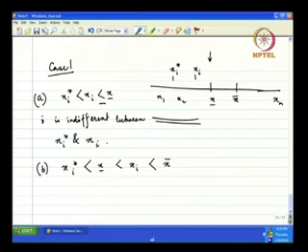Now, what happens? If I makes the announcement xi star, to the left of x under bar, then x under bar becomes the median of the entire population. If I makes the announcement xi somewhere here, then xi itself becomes the median of the entire population.